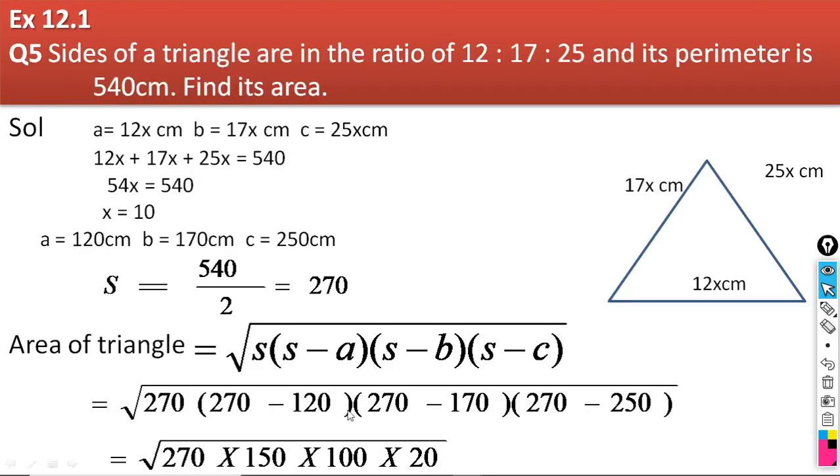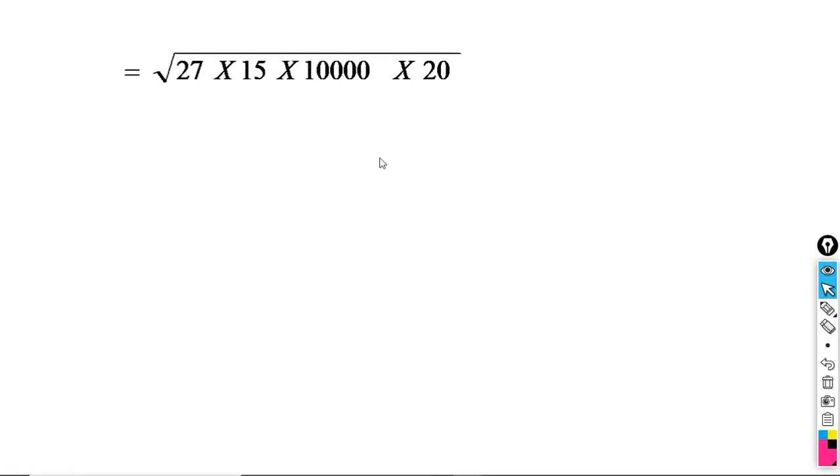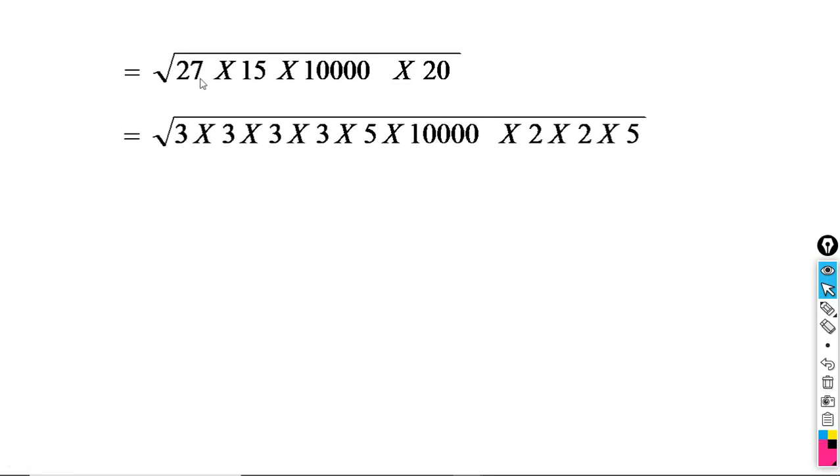Now next step here, you see the number of zeros here 1, 2, 3, 4, 5 zeros. I'm taking 4 zeros together because 10,000 is a complete perfect square, can be solved easily. So rest of the terms 27, 15. This is 10,000 into 20. So this 27 will be factorized, 15 will be factorized and 20 will be factorized. But this 10,000 remain as such.